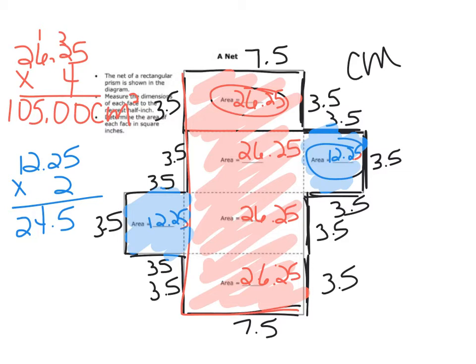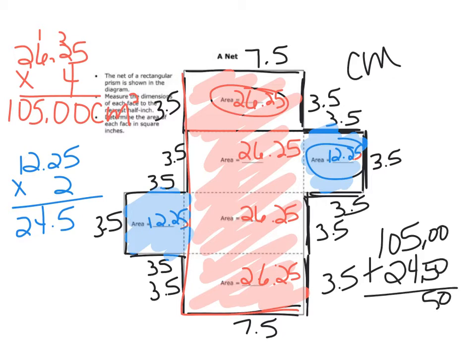So I'm going to go ahead and add 105 plus 24.5. Remember your decimal. So the total area of this composite figure is 129.50 square centimeters.